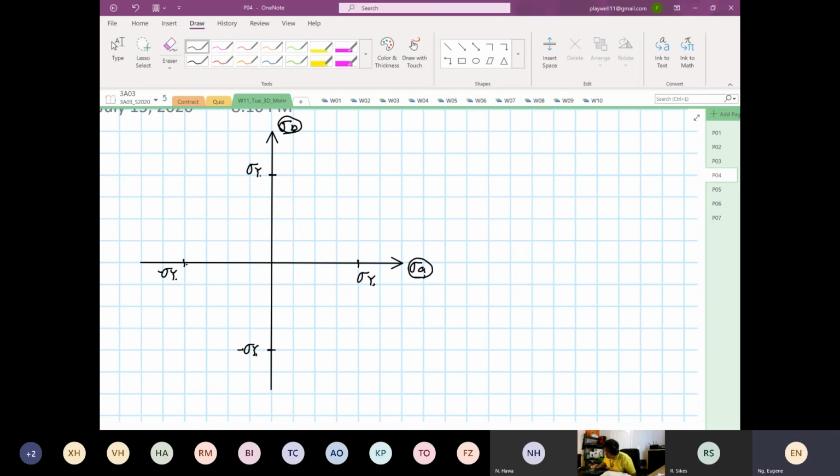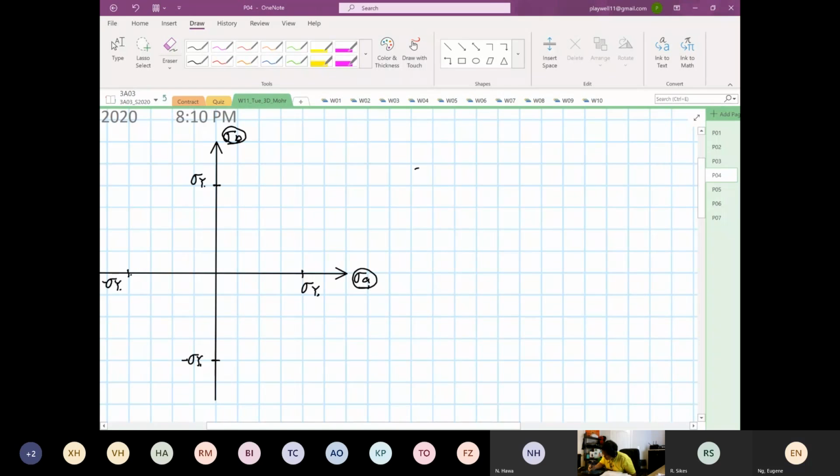For Tresca criteria, we usually assume that the stress at yield in tension is equal to the stress at yield in compression. They are the same. In reality, it is not the same. The material can withstand much higher stresses in compression when compared to tension.